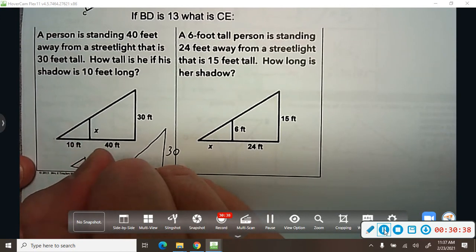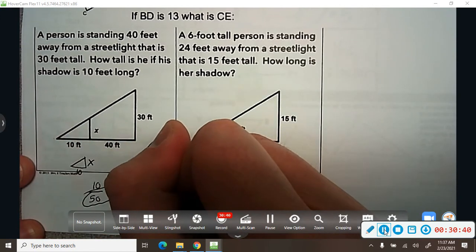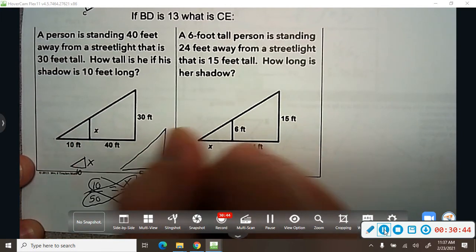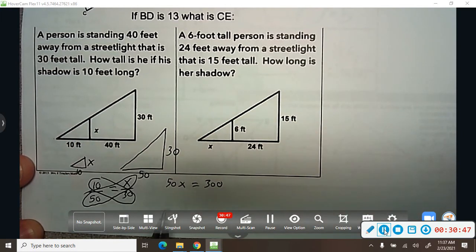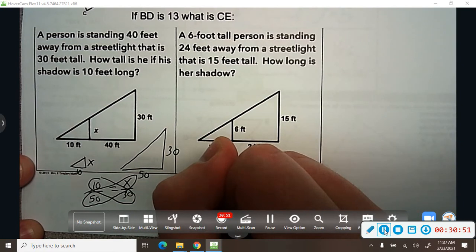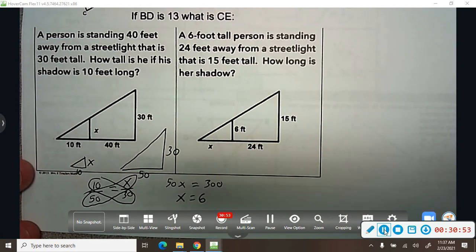Cross multiply, 50x, 30 times 10 is 300. Divide that by 50, you get 6. So the person is 6 foot tall. So he's a short.